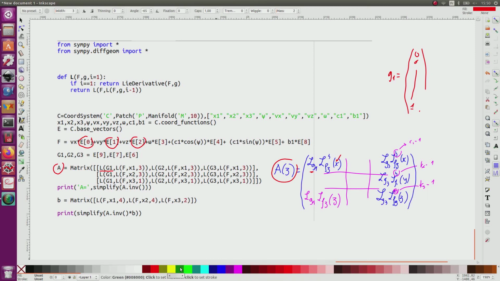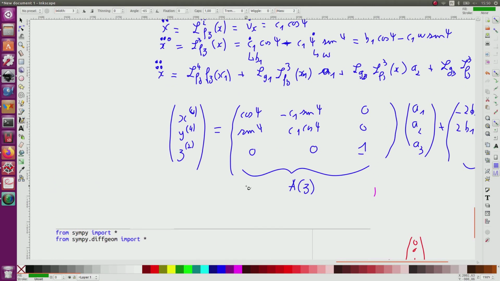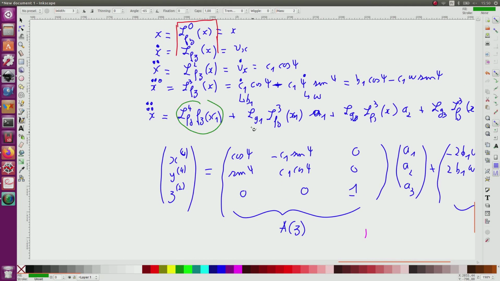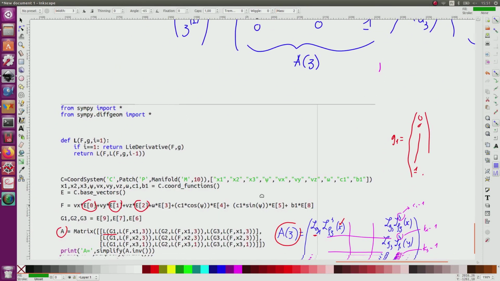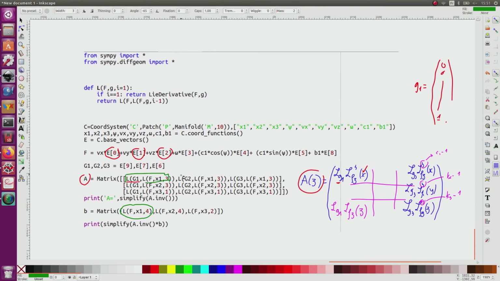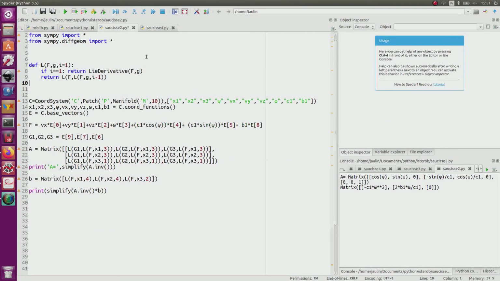So I have my A matrix, and I also have my B matrix, which is implemented here. Recall that, for instance, here I have this, because previously I had this, and these are inside, so they correspond to the first line of the matrix A. So here, here, and here, where this one was corresponding to the first element of B. I switch to Python, I run the program, and I see here my matrices that correspond to A here, and B here.